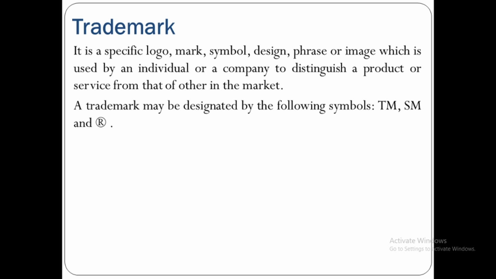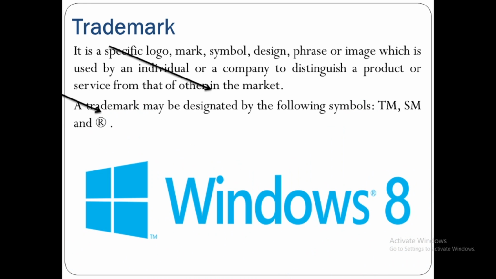A trademark may be designated by the following symbols: TM, SM, and R. You might have seen such symbols on a particular logo. For example, in Windows, you can see here R, the registered mark, and TM, the trademark symbol, is given. So this way we can protect our data.